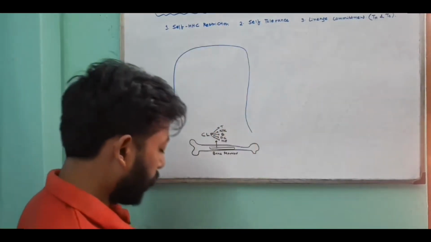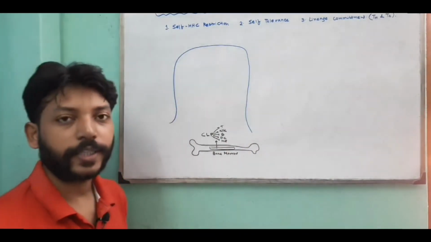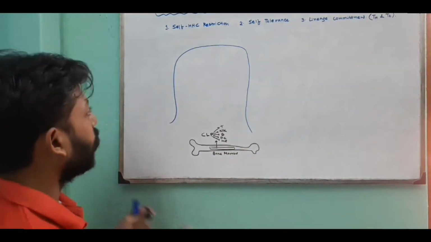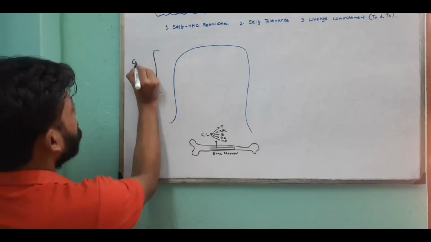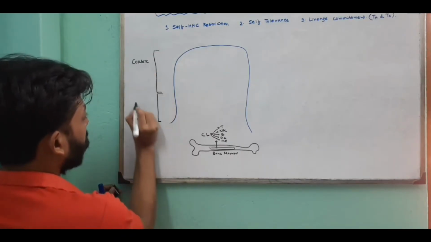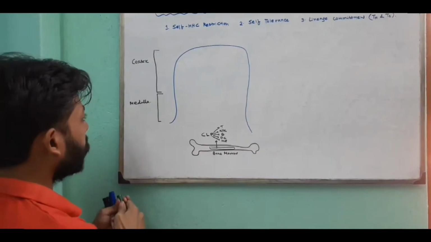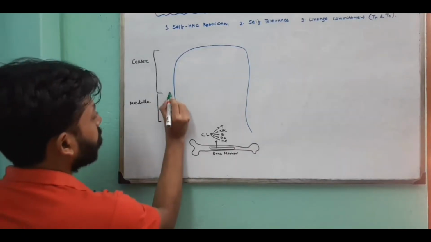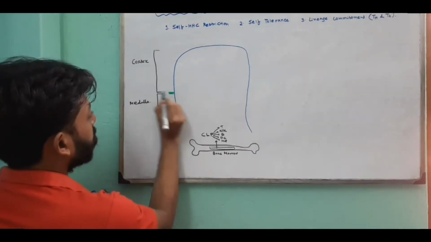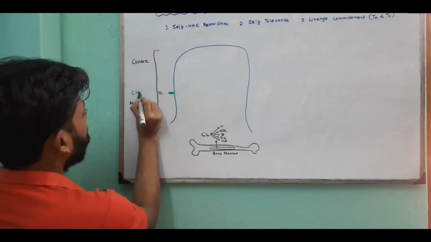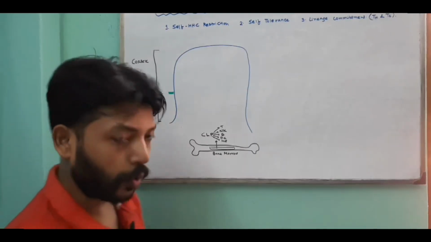Now, let me draw a thymus cross-sectional view. Let's assume this is a thymus. This thymus actually consists of two main regions. One is called the cortex region and another is the medulla region. In between the cortex and medulla, a region is present that is called the corticomedullary junction, CMJ.